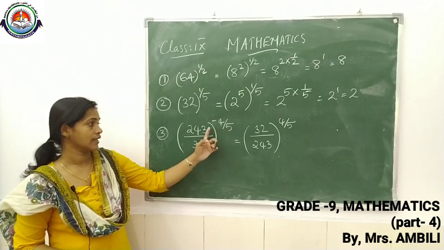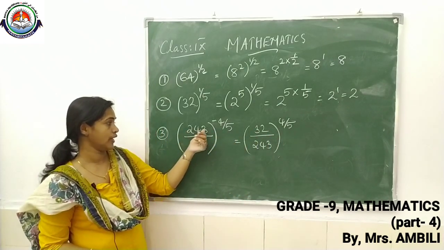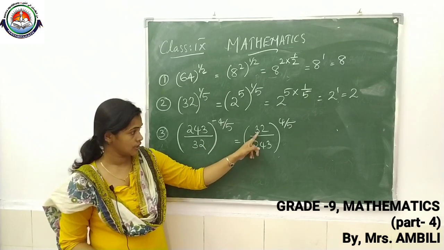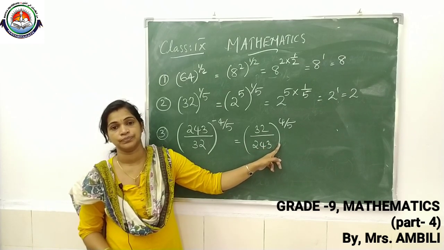Okay. Now this negative sign changed into positive sign. What did I do? I swapped the denominator and numerator, 243 by 32 becomes 32 by 243, all raised to 4 by 5.